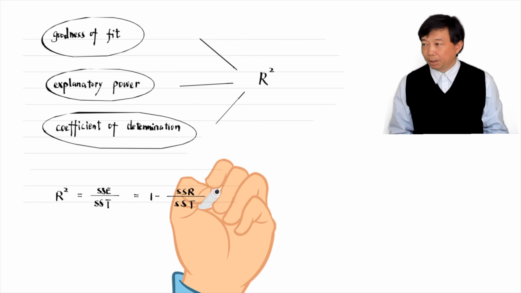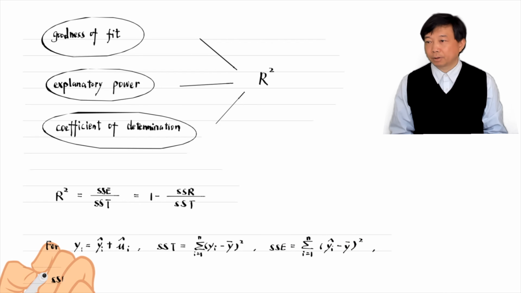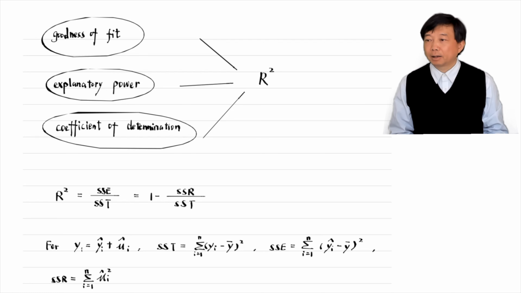For the estimation equation y equals y hat plus u hat, the definitions of the SST, SSE, and SSR are as follows. Although we can calculate the R-squared manually, statistics software usually reports it after regression.